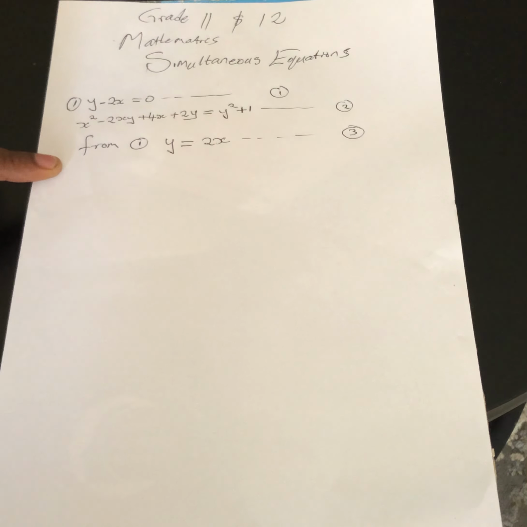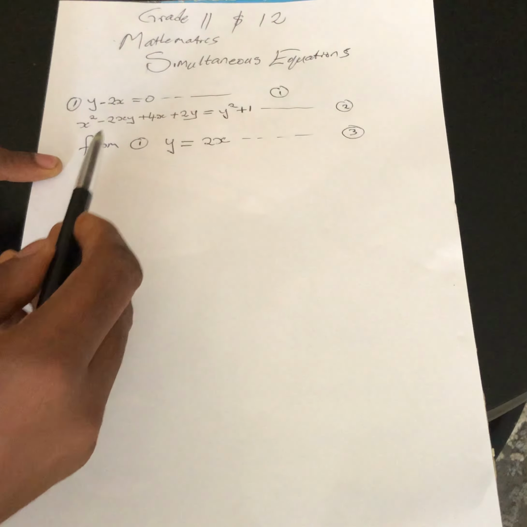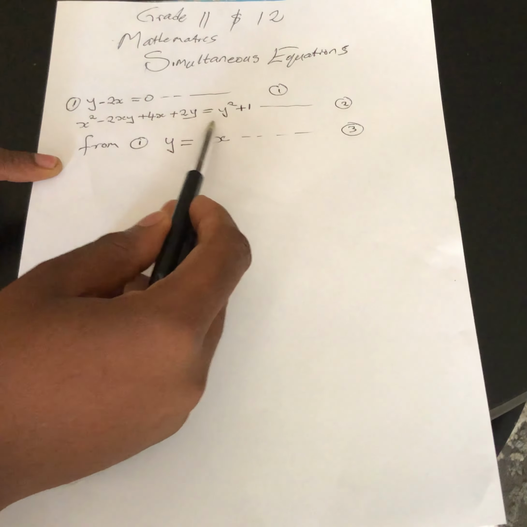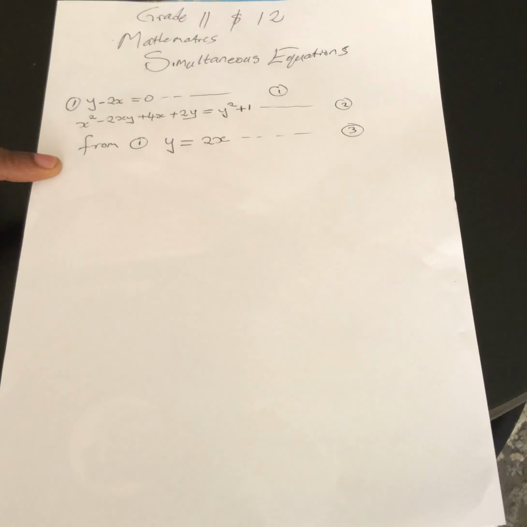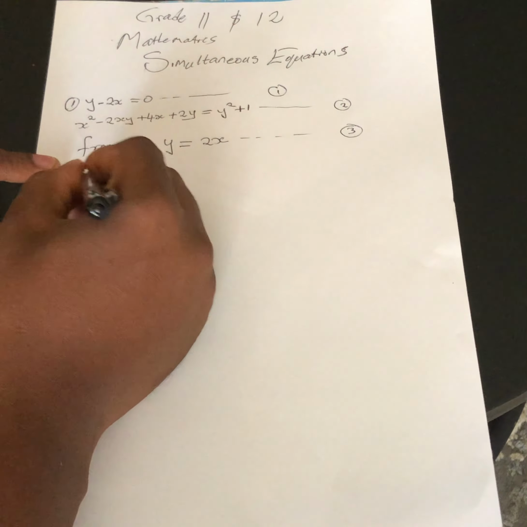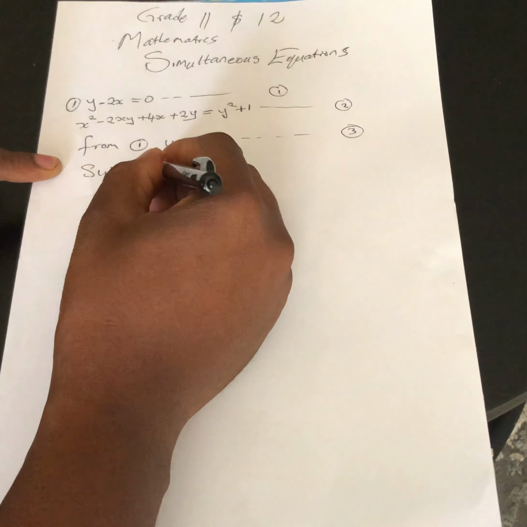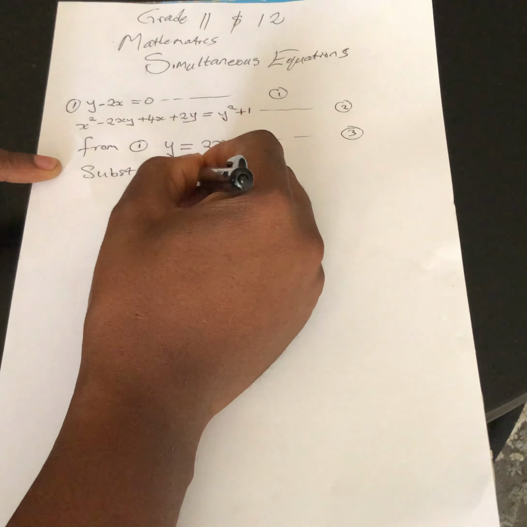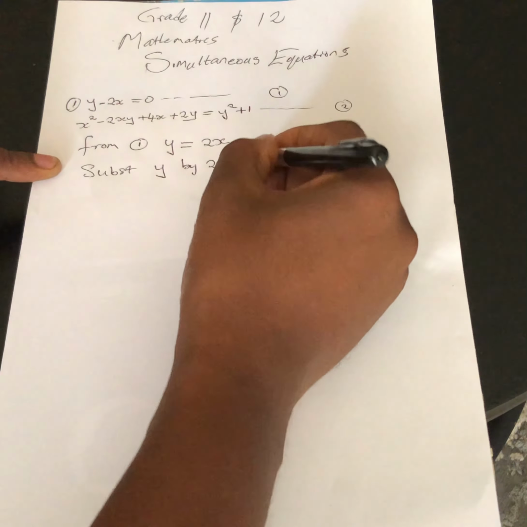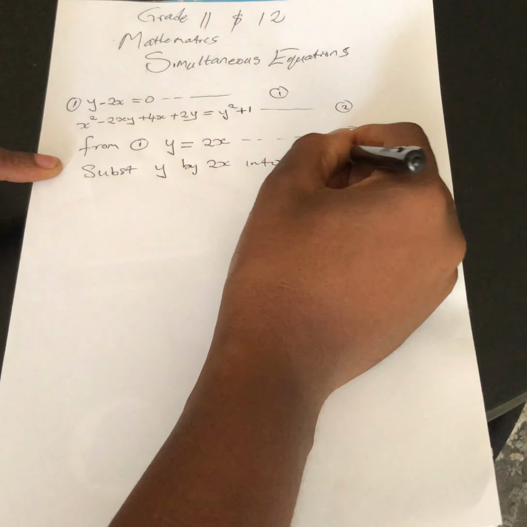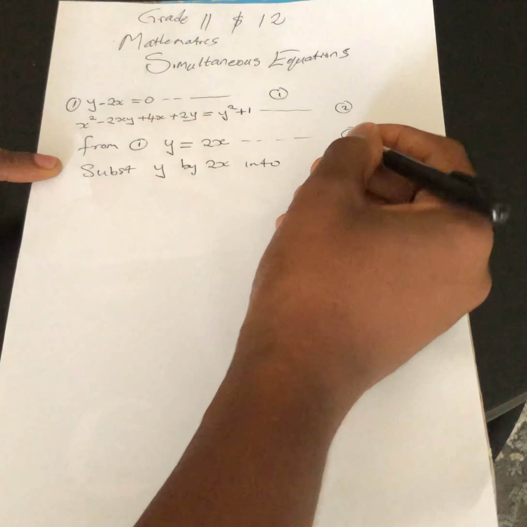So the next step that you need to do, because you know that y is equal to 2x, is to replace each and every value of y here by 2x. So what you need to do now, you just have to say substitute y by 2x into equation 2.